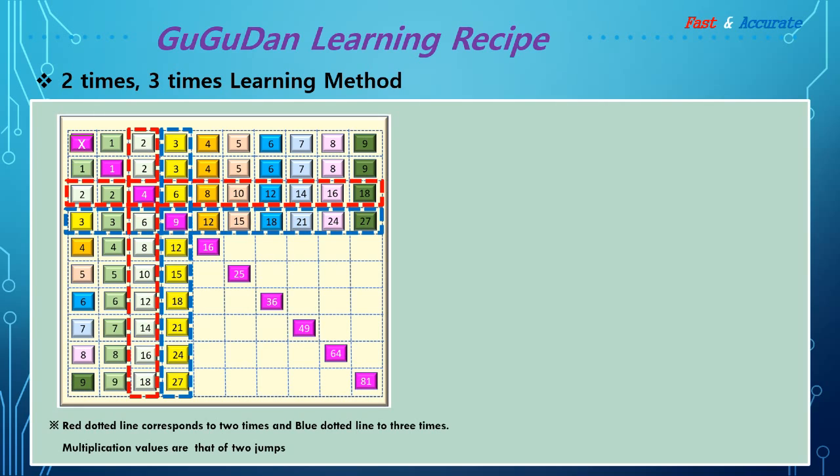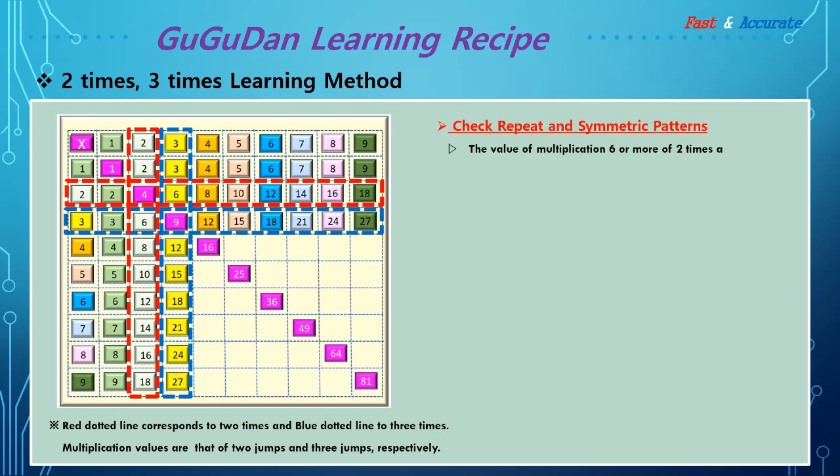But if you understand the 2 patterns included in 2 times and 3 times multiplication process, you will easily understand not only those 2 pieces of multiplication, but also the rest of the entire multiplication table. The 2 patterns are repeat pattern and symmetric pattern. The repeat pattern of 2 times and 3 times is as follows, as shown in the picture on the right side of the slide.